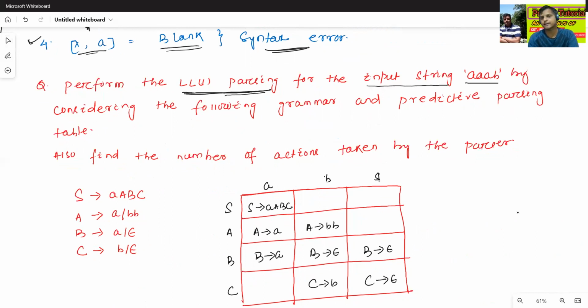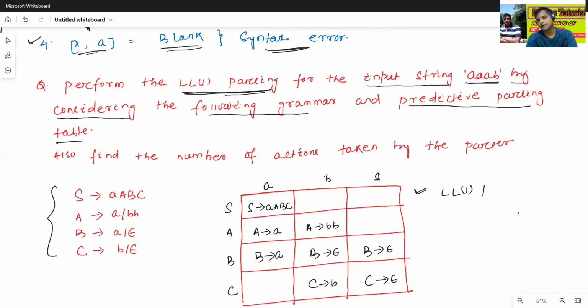Here the input string is given as AAAB, considering the following grammar, and the predictive parsing table, also called the LL1 parsing table.